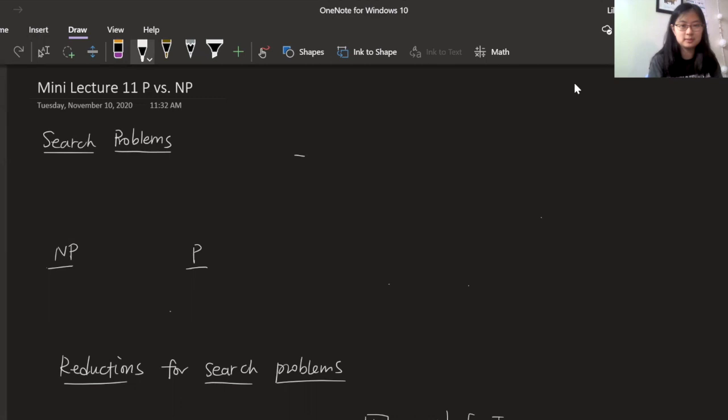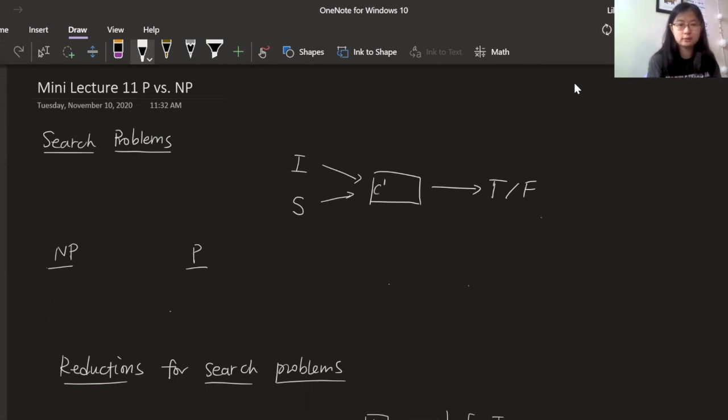that given some instance of a search problem, with what problem you're solving and its parameters encoded in this instance I, and given some proposed solution S, I can pass them into some algorithm that checks whether this proposed solution is actually the right answer, or the intended solution for this instance of a problem.